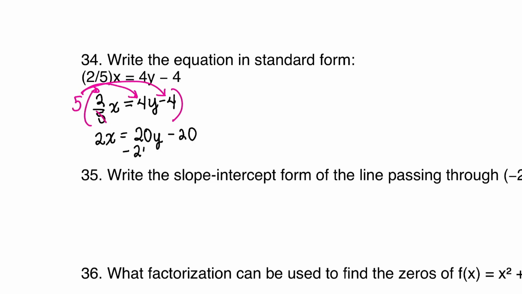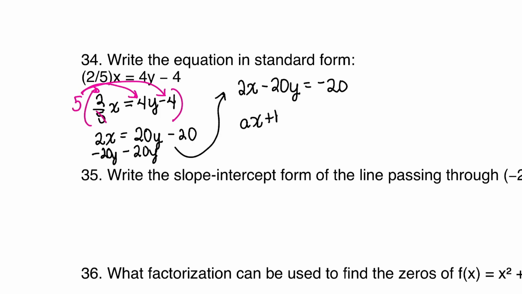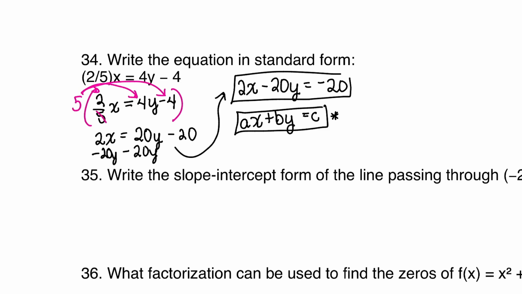Now we need to move our 20y onto the other side. So the final answer is going to be 2x minus 20y equals negative 20. Remember that standard form is in ax plus by equals c format. So this is our final answer here.